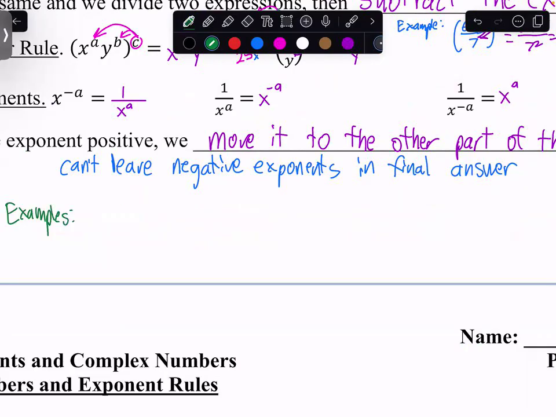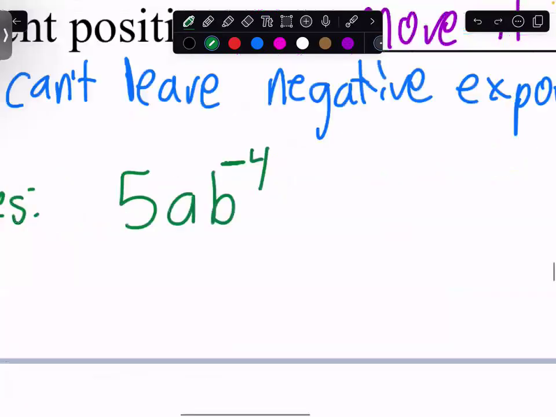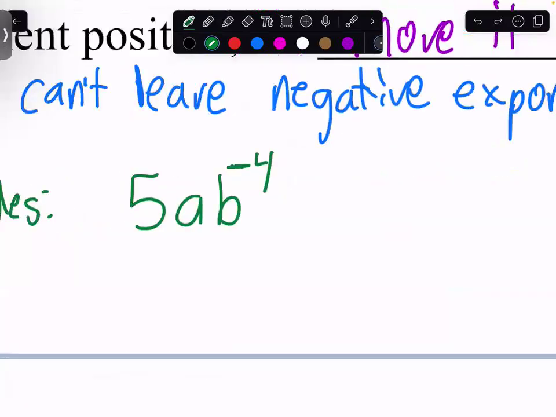Okay, so let's say we had 5ab to the power of -4. Okay, so again, we're not allowed to leave this negative exponent, but here there's no parentheses. When there's no parentheses, the exponent only affects the thing right before it.